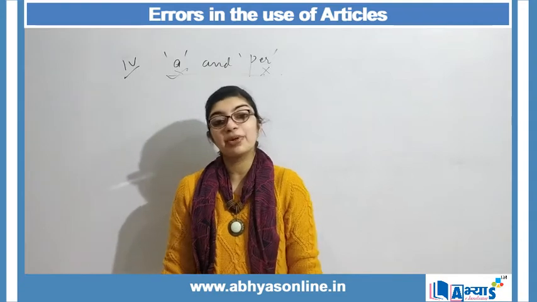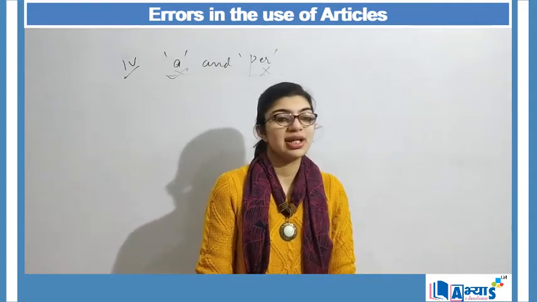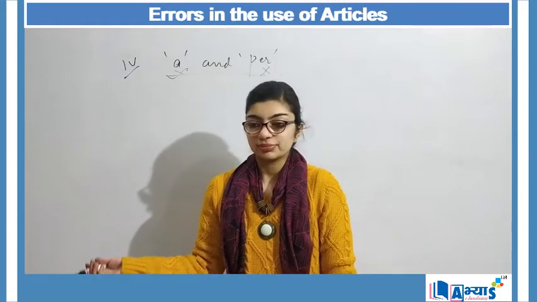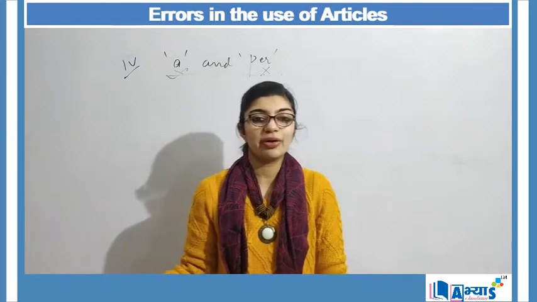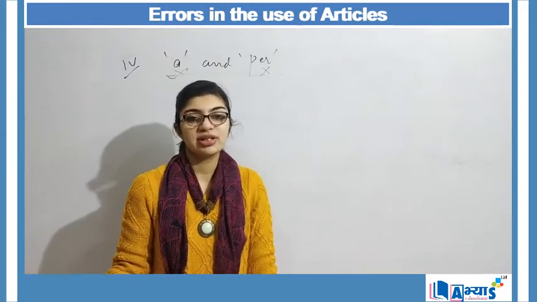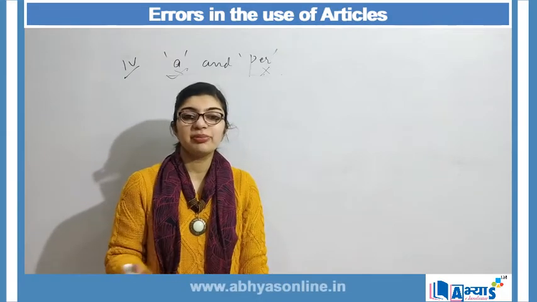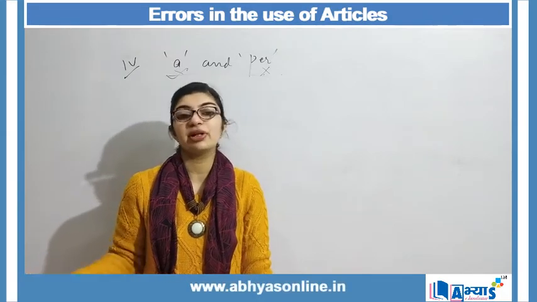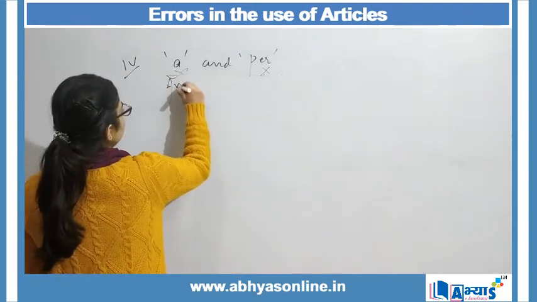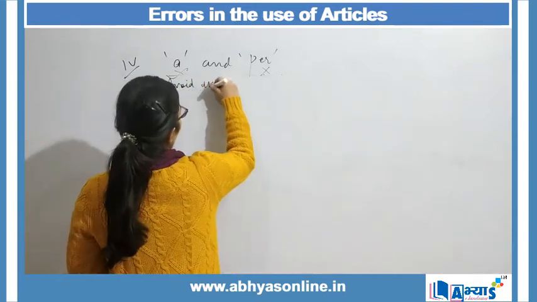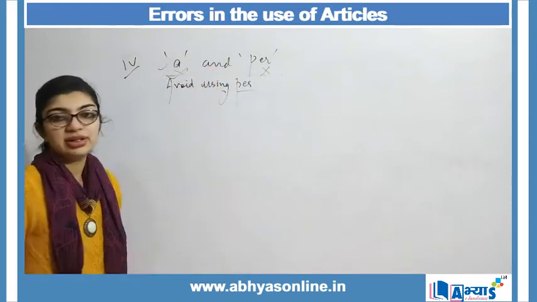I do not say per kg, I say rupees 25 a kg. Or I say she can run at the rate of 100 meters an hour, right? So 100 meters an hour. I cannot say per hour. So avoid using per, and instead make use of "a".